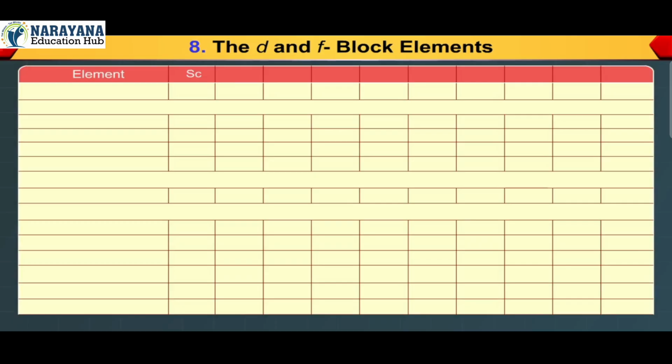Element: scandium, titanium, vanadium, chromium, manganese, iron, cobalt, nickel, copper, zinc. Atomic number: 21, 22, 23, 24, 25, 26, 27, 28, 29, 30.